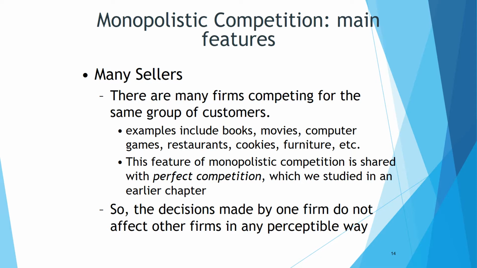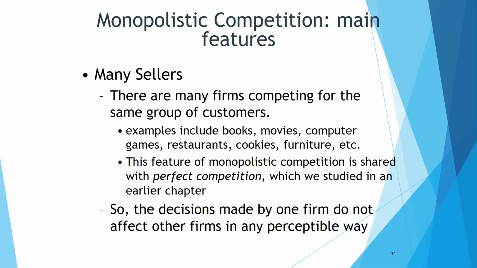Another seller is selling it in a different size, and so on and so forth. So in monopolistic competition, there are many sellers, but their product is different, which is what this text on the screen tells. So the decision made by one firm does not affect other firms in any perceptible way.